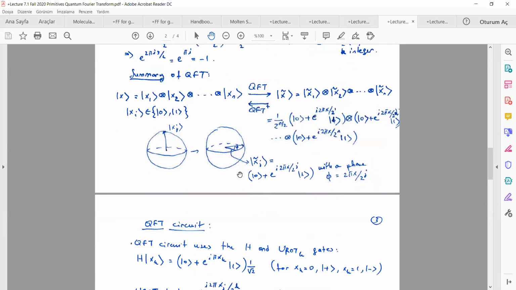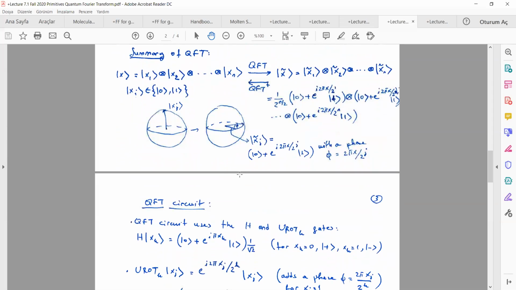So in summary, I think it's important to note the outcome of this quantum Fourier transform lesson. You start with, in the input, ket X, a quantum state in the computational basis, which is ket X1 tensored with ket X2, tensored up to ket X sub n.